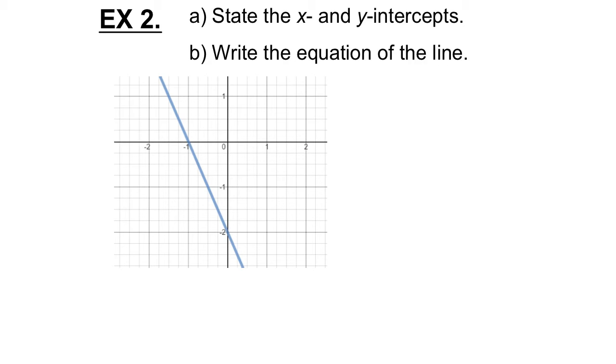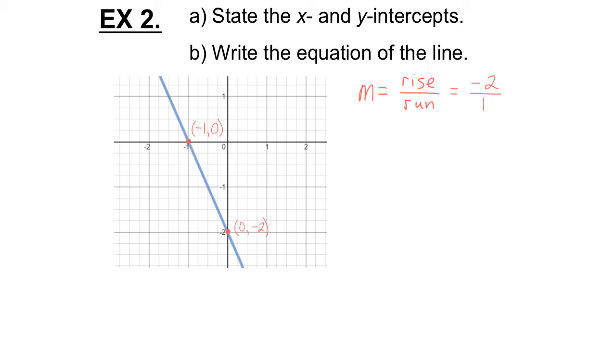For example 2, we're going to do the same thing, except we just have a different line. So here's the x-intercept. The coordinates are -1, 0. Here's the y-intercept. The coordinates are 0, -2. We can figure out the slope, rise over run. Well, the rise is down 2, so -2. The run is 1.